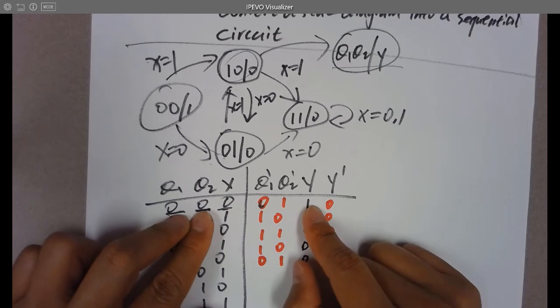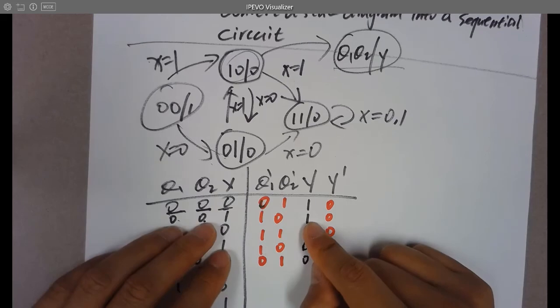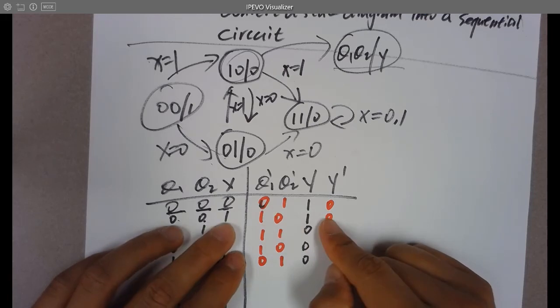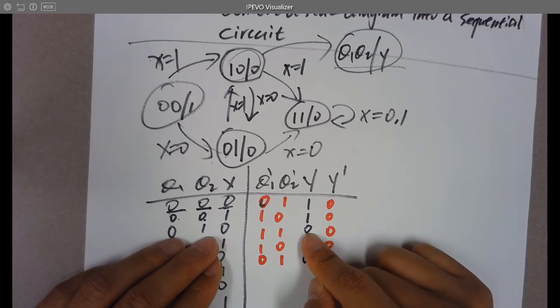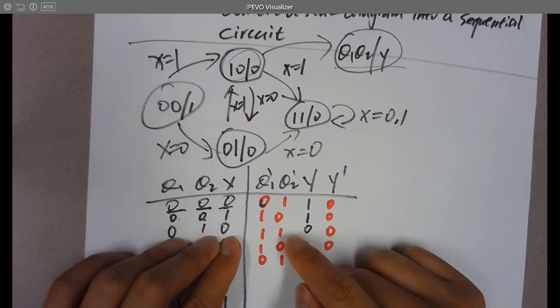0,0,1 will jump to 0,1,0 when x is 0, which is right. 0,0,1 will jump to 1,0,0 when x is 1. And 0,1,0 will jump to, when x is 0, oh, here is not right.